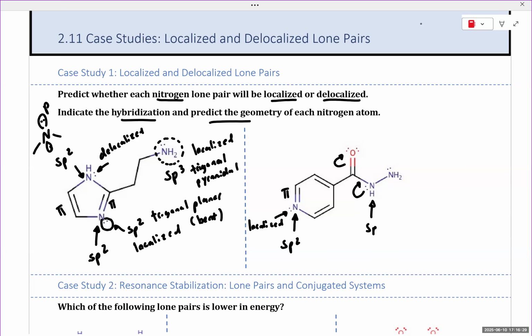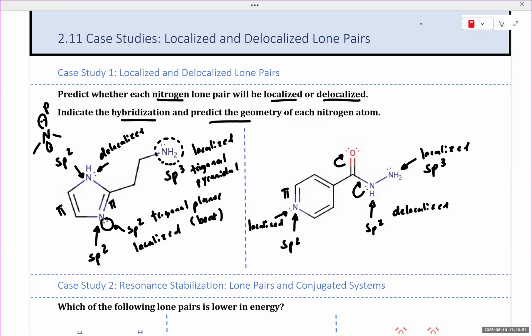So this nitrogen adopts an sp2 hybridization, but that lone pair is delocalized. This last nitrogen here contains a lone pair, but no adjacent pi bonds. So this lone pair is localized, and this nitrogen is sp3.